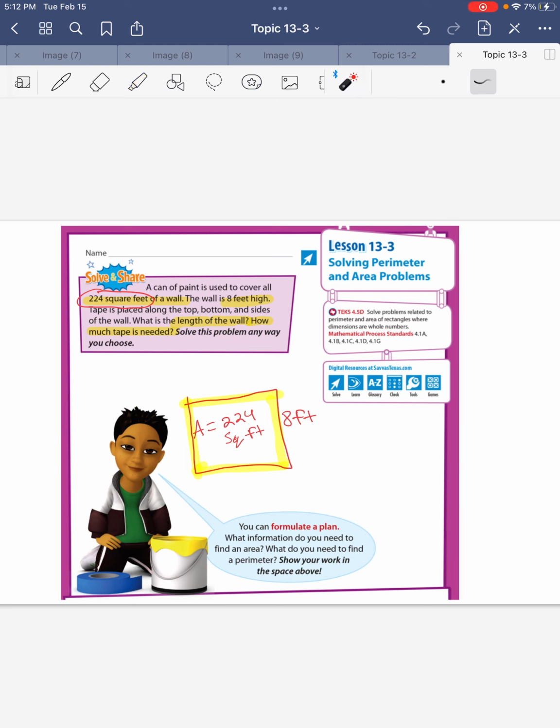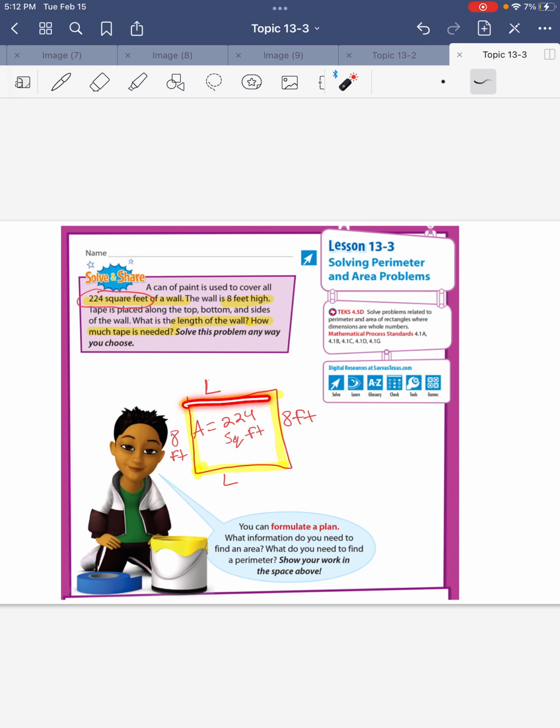So if you look at this, all around this wall there's tape. That's perimeter, okay? They want to know what's the length of the wall, okay? I know the height is 8 feet. I'm going to put 8 feet on this side, but I don't know the length. I don't know the top, and I don't know the bottom, okay? And I want to know how much tape is needed.